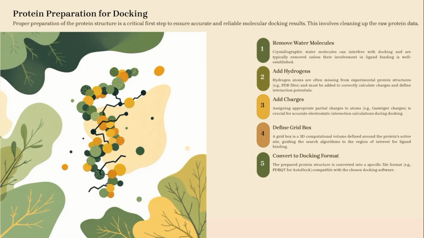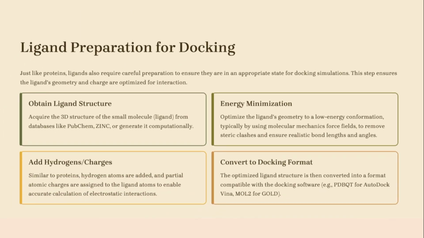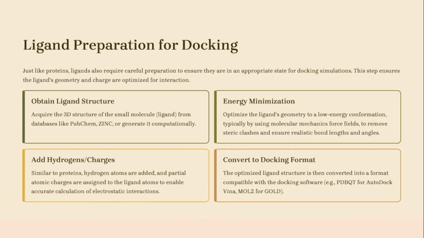The second step is ligand preparation for docking. The ligand must also be cleaned and optimized. We have to download it from PubChem, ZINC, or DrugBank, and the many servers that we have discussed before. Then we convert it using OpenBabel, or we can use AutoDock Tools from the MGL tools to optimize, minimize, or convert it to PDBQT format.